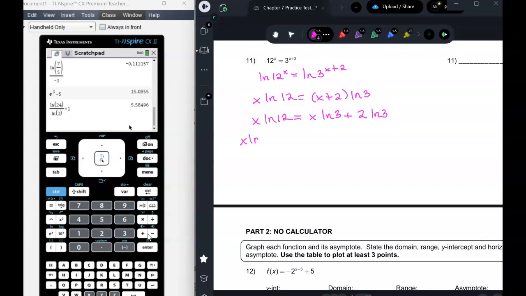So if I subtract x natural log of 3, but I leave 2 natural log of 3 on the right side, now I can factor out an x.